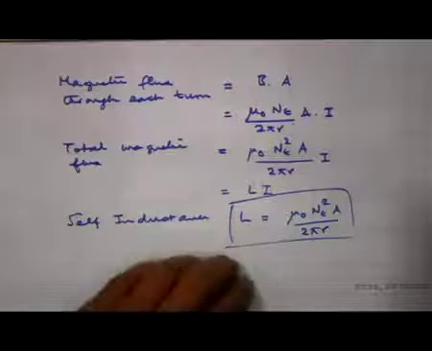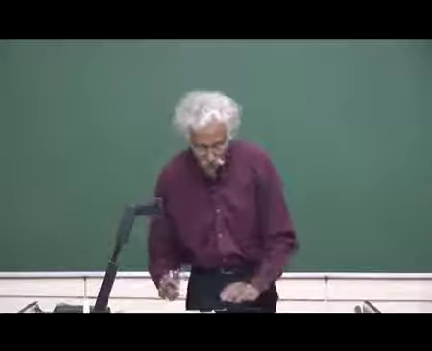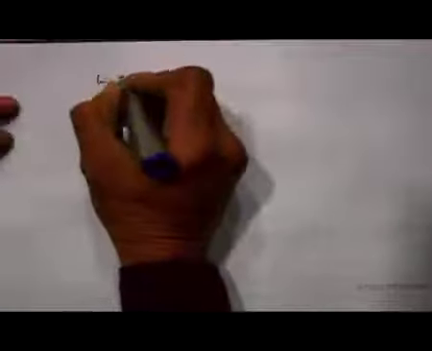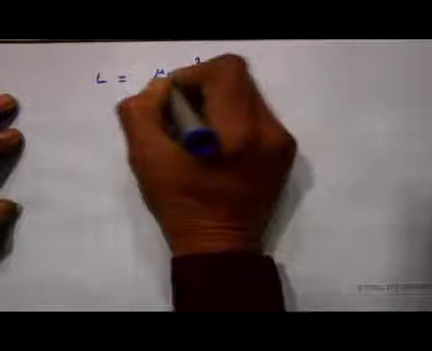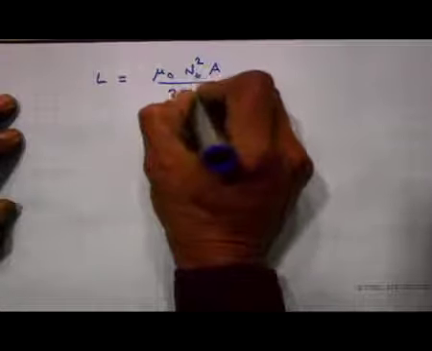I can put some numbers and calculate. So, let me write here self inductance of the toroid is mu naught nt square A by 2 pi r.